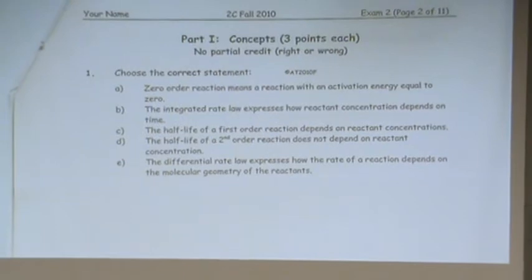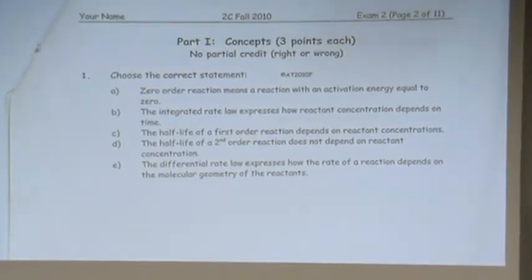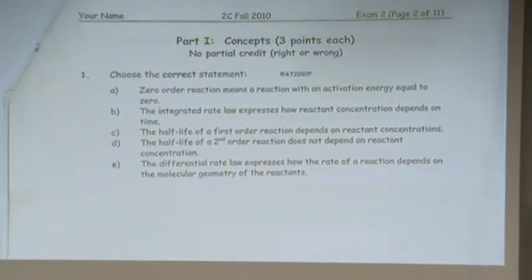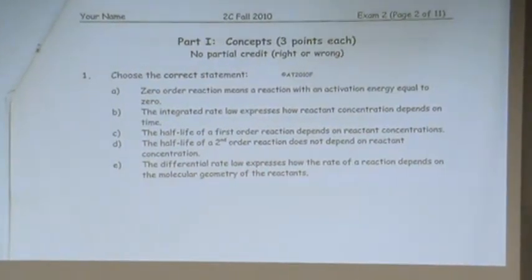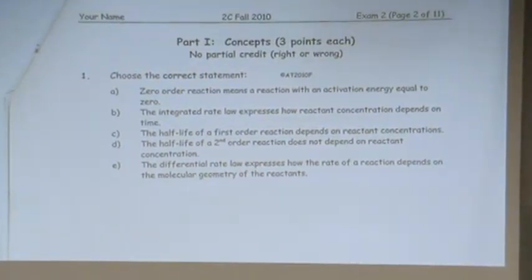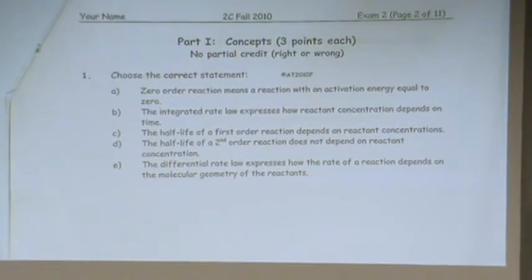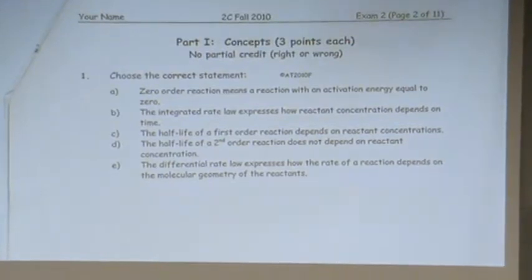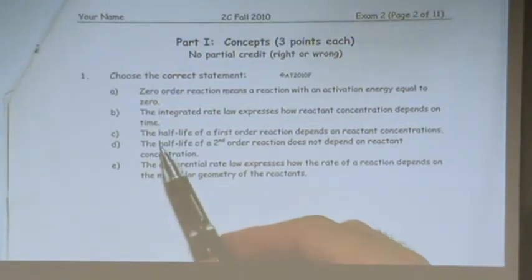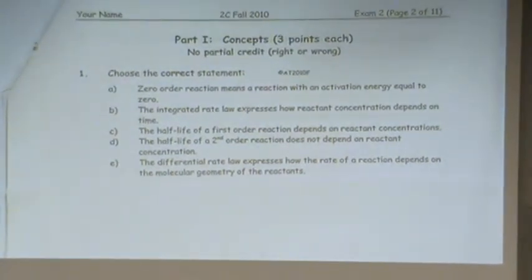Remember we have two kinds, the integrated rate law and the differential rate law. The differential rate law is before integration. So you have rate as a function of concentration. When you have the integrated rate law, you take the differential, you integrate, and you get now concentration as a function of time, right? So the answer is B then. If you want to confirm, you can read the rest and you will see that they're wrong, right?